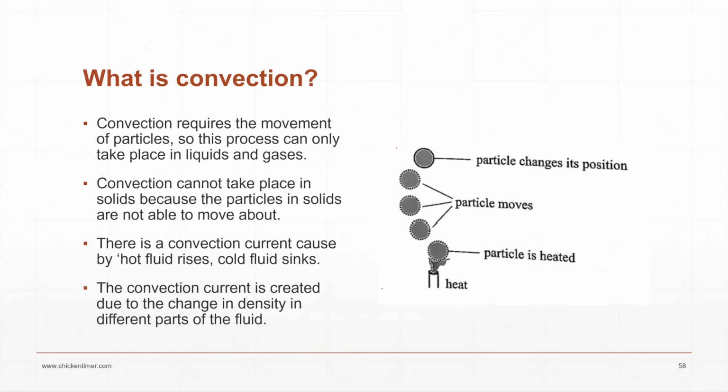So any fluid that gains energy will expand, and then they become lighter. So they are less dense, so they will rise. Then the cold portion of the liquid will have higher density, so that the higher density part will sink.